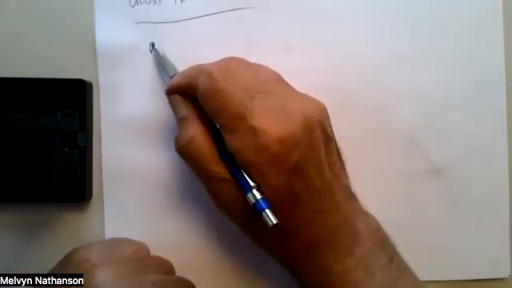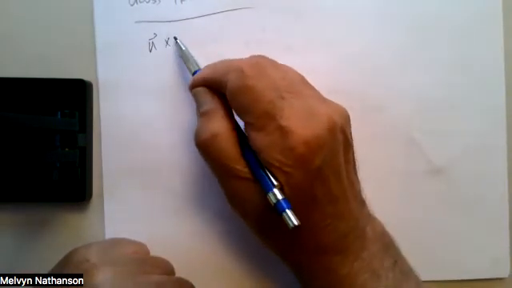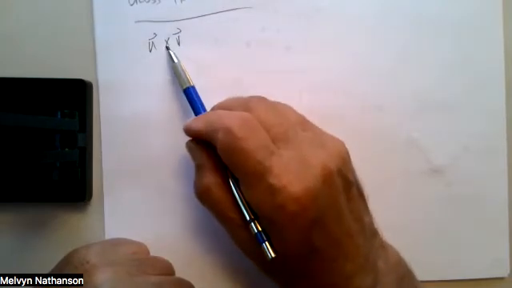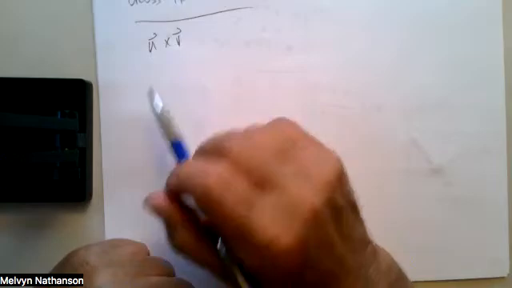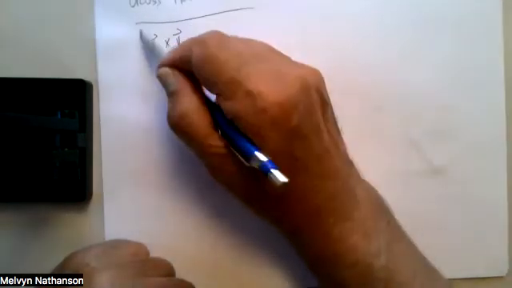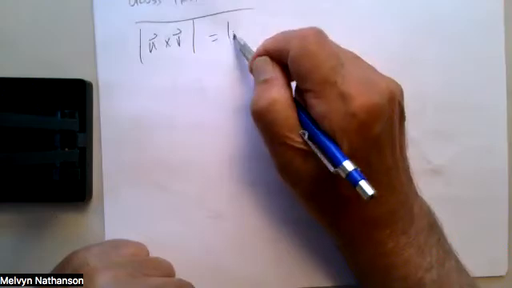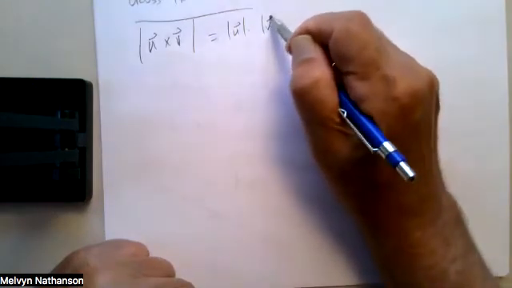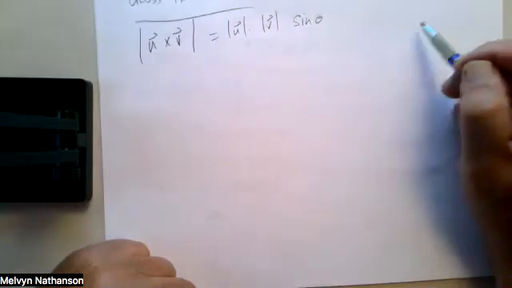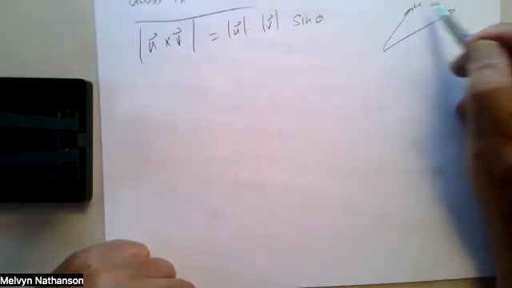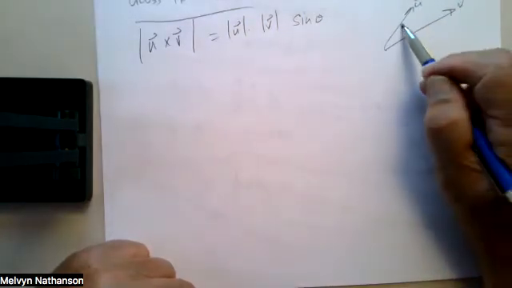So we have vectors U and V, and I want to find the cross product. Instead of a dot, I use an X here. This is a vector, and to describe it I have to give its length and its direction. Its length is the length of U times the length of V times the sine of the angle between them. Here's U, here's V in three space.